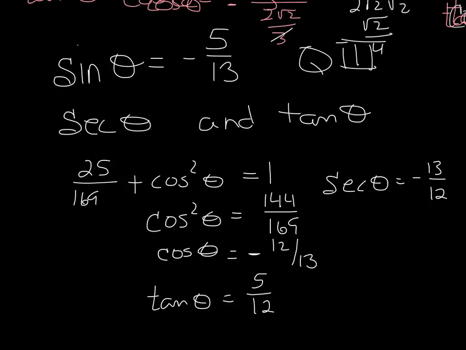Wait, wouldn't it be 12/5? No. Sine over cosine. Okay. So those cancel, and that becomes a positive.